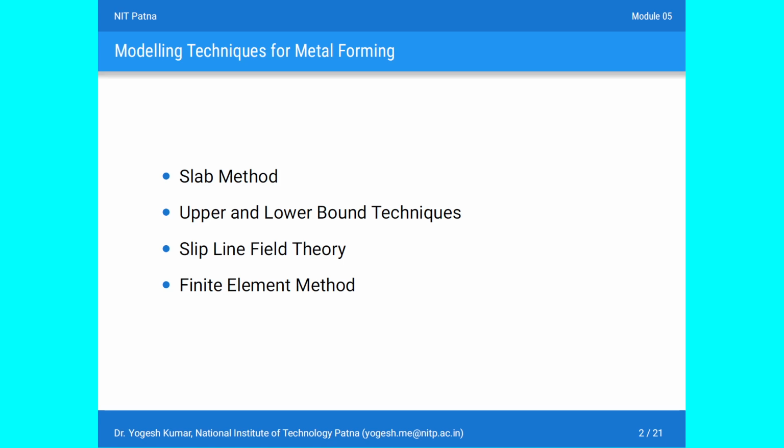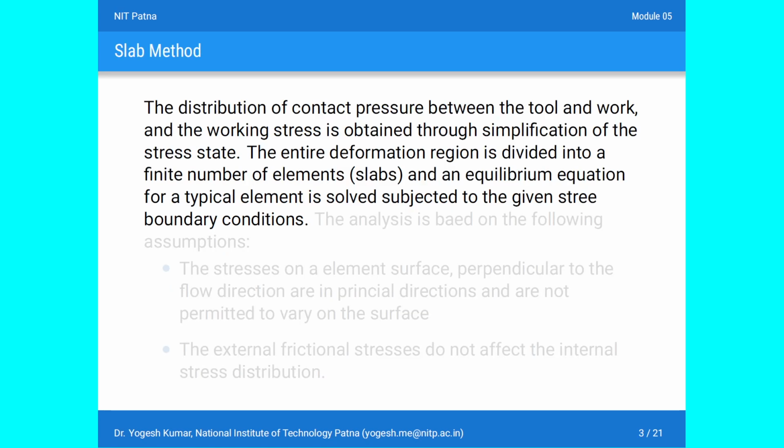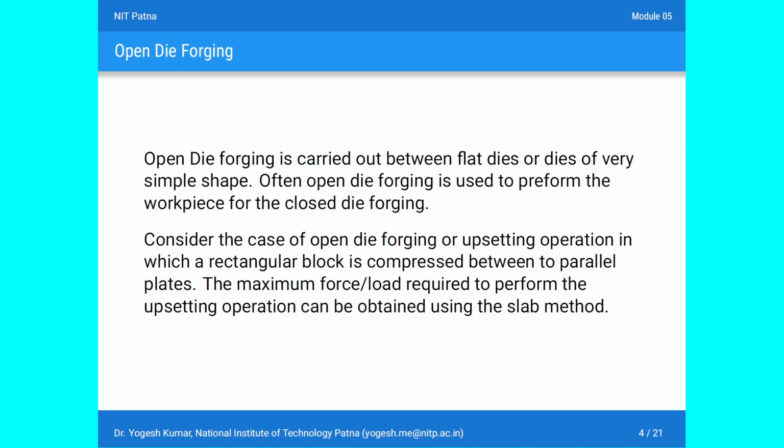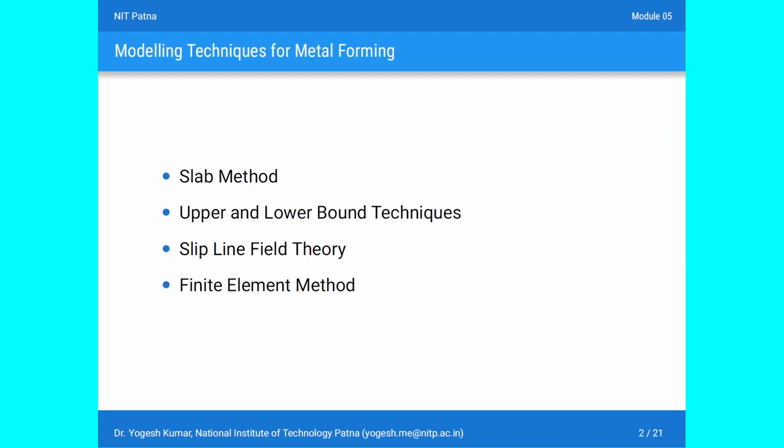Then the third and most important criterion, which is very important in the case of plastic deformation, is that the yield criterion must be satisfied, that the applied or induced stresses in your forming operation must exceed your yield value.